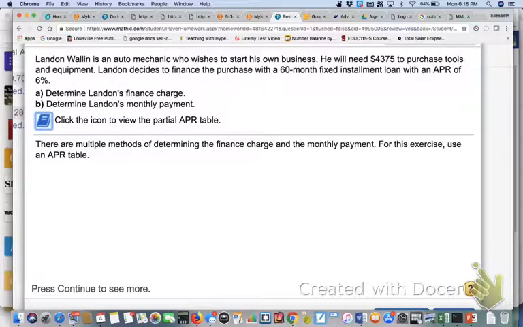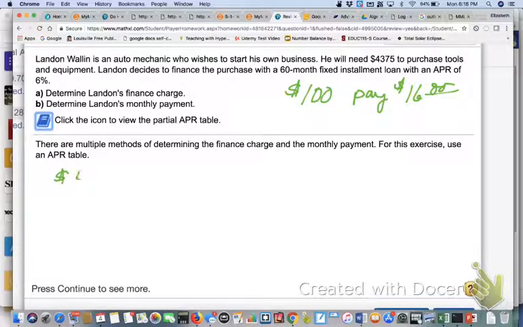So I'm going to write this over to the side. Every $100 that he borrowed, he has to pay back that $100, of course, plus $16 for borrowing it in the first place. So the first step is to figure out how much he is going to end up paying overall if he has to pay $16 for every $100. So we need to figure out how many sets of $100 are in there, right?